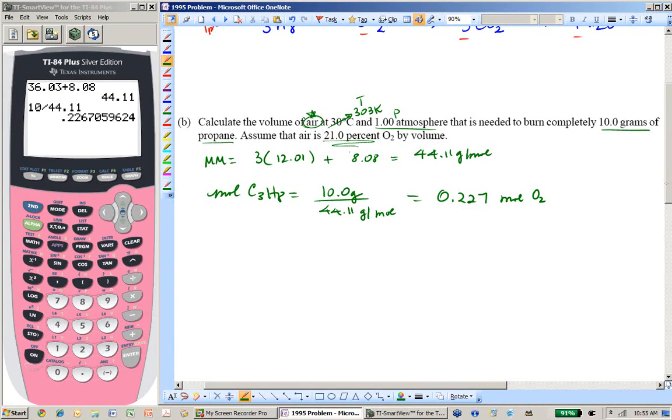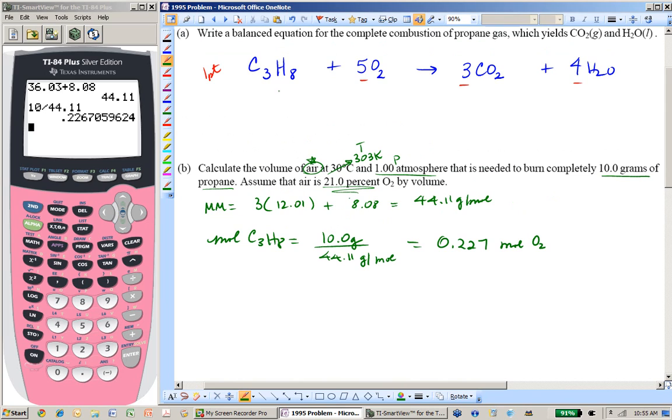All right, so once you get to moles, you can do the stoichiometry and look at the fact this is a 1 to 5 to 3 to 4 ratio and say, okay, if I have 0.227 moles of propane, I need 5 times that for the oxygen. So therefore, the moles of oxygen equals 5 times 0.227. Can't write today. It's going to be a long recording if that's the case.